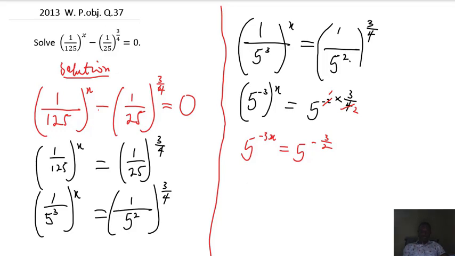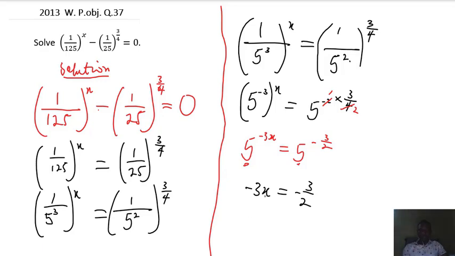So looking at these two numbers, we can see the bases are the same. We have base 5 here and base 5 here. Because the bases are the same, we are going to equate the exponents. So we have negative 3x equal to negative 3 over 2.